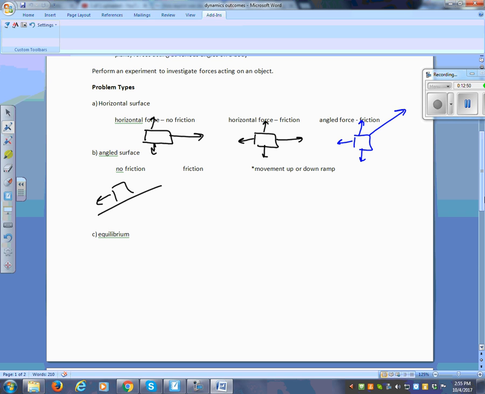Angled surface with friction. This is like my least favorite. And equilibrium, where the forces are all balanced. So Brett is right. You've done sort of beginner versions of almost all of them, with the exception of the ramp ones. You haven't really seen those, right? You have seen a little bit of this already. You can expect to see at least one of each of those types of problems on the test. Okay?